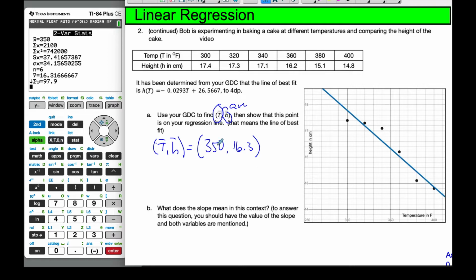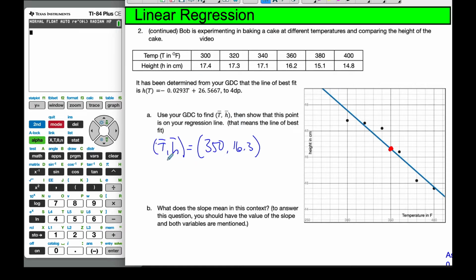Well, one of the properties that I know about this line of best fit, this linear regression line that we use with our calculator, is this point will always, always, always be on the line of best fit. And if I look at my graph, it's approximately going to be at 350, 16.2. But we have to actually calculate it.